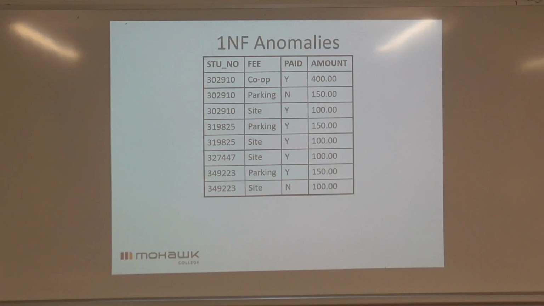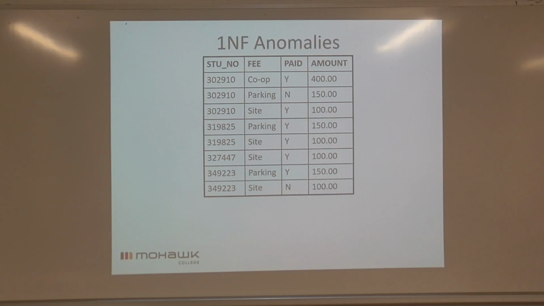Good. Do we have an update anomaly? Yes. If you update how much one of the fees is, you then have to go through and update every single thing. Very good.